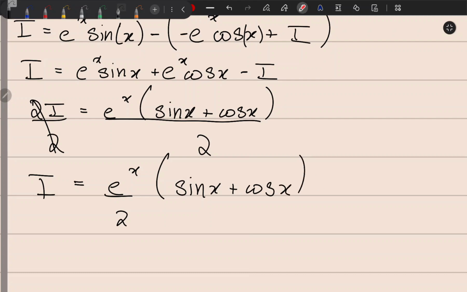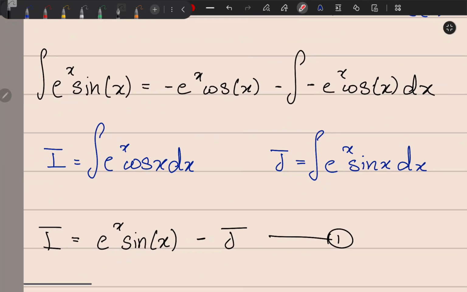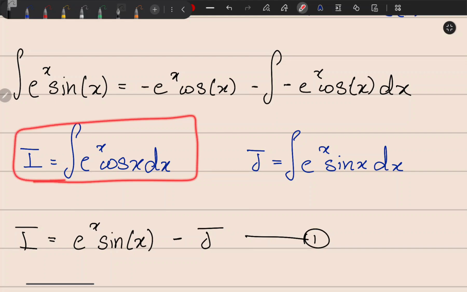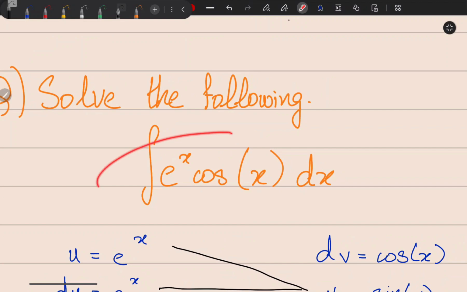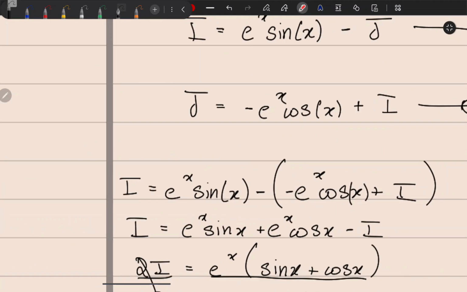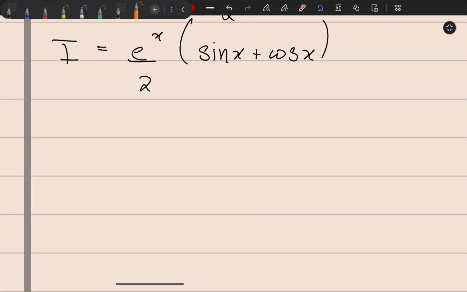So now we have I. And what was I again? I was the integral of e to the x cosine x, which we needed to find here. We need to find the integral of e to the x cosine x. Therefore, the integral, let me write this in orange.